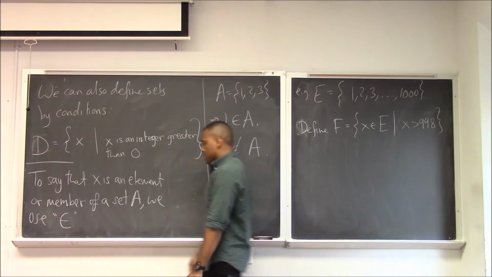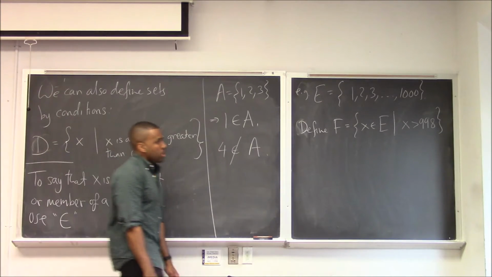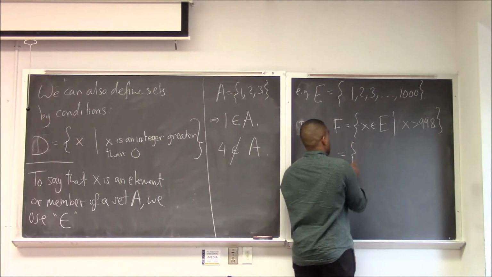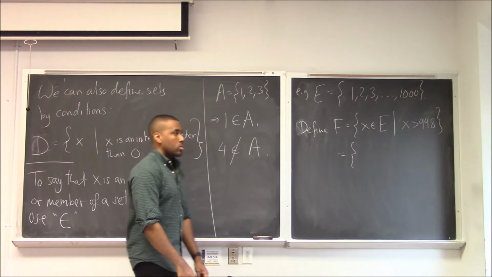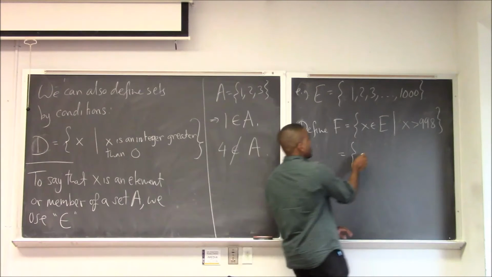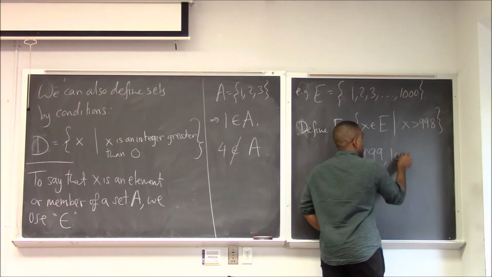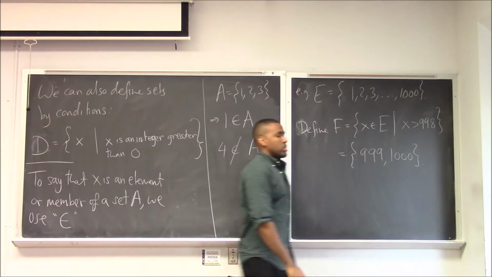So here I defined a set, and I defined another set that talks about that set, and elements in that set. What would that set be equal to? 999 and 1000. Right?